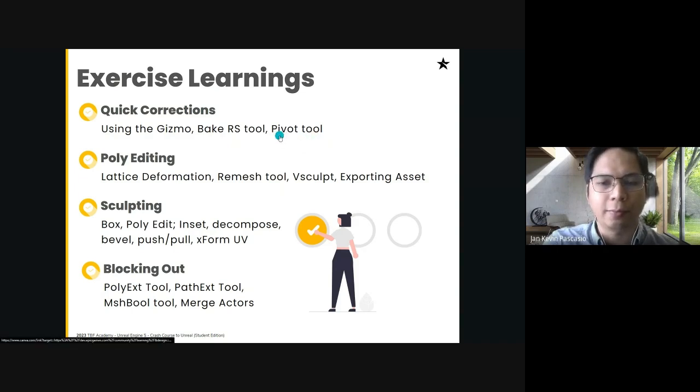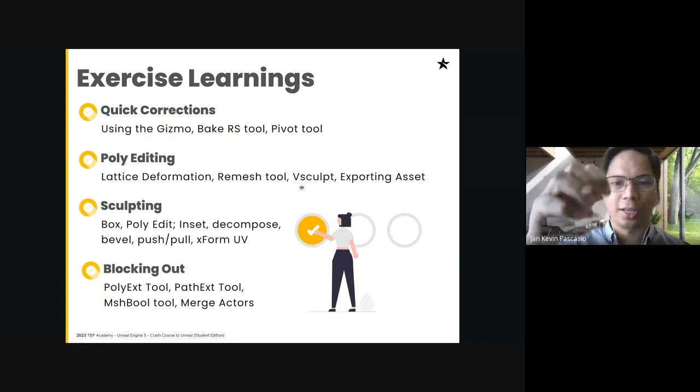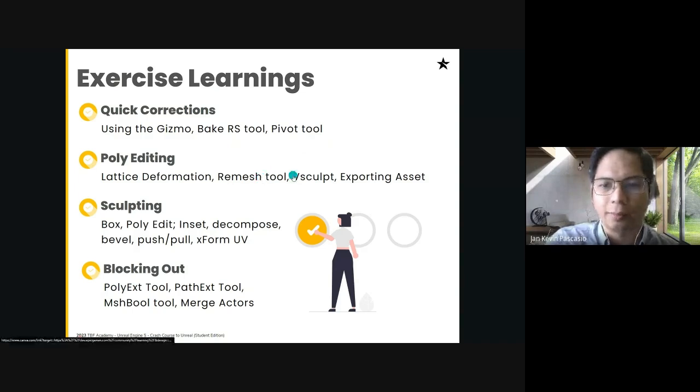Pivot is to move the base point of your mesh. Okay, poly editing, we have lattice deformation where we create the meteorite over here. We also used the remesh tool so that instead of just big chunks of blocks, we created more mesh boxes. And then sculpting, where we create the notches on the meteorite, then exporting that asset.